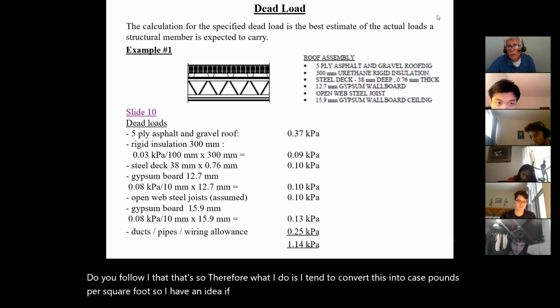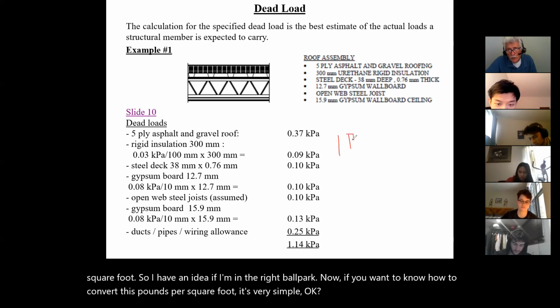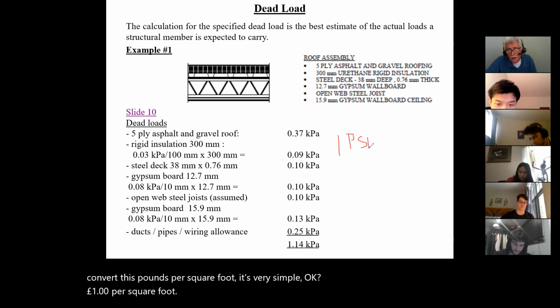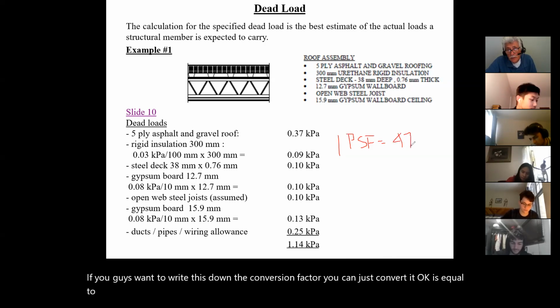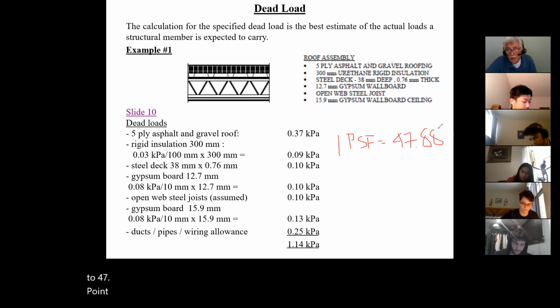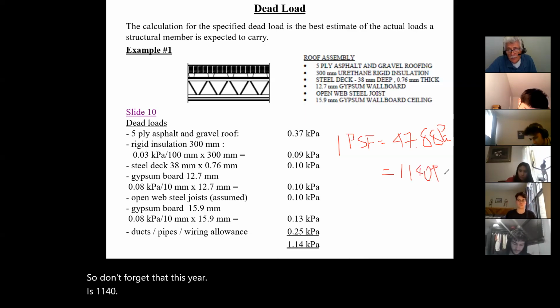Now, if you want to know how to convert to pounds per square foot, it's very simple. If you guys want to write this down, the conversion factor: 1 pound per square foot is equal to 47.88 pascals. So don't forget that this here is 1,140 pascals.